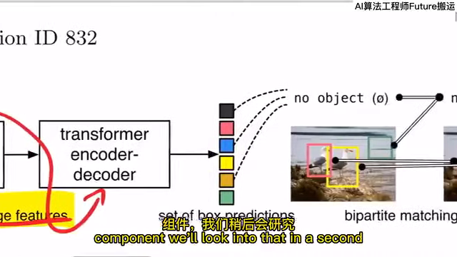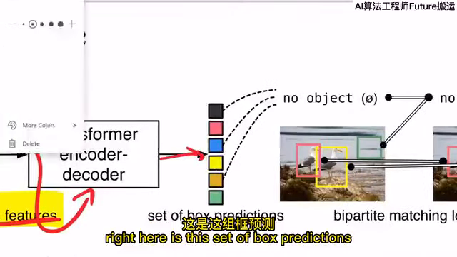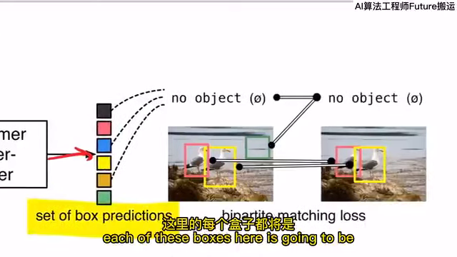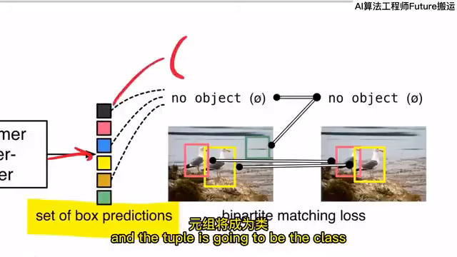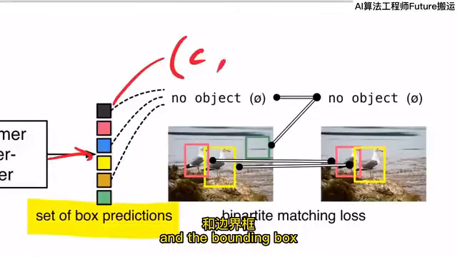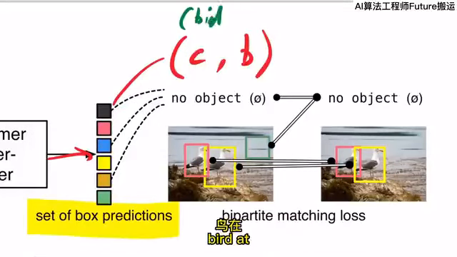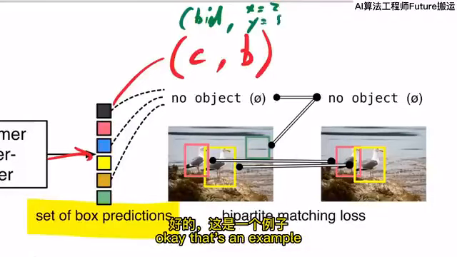We'll look into that in a second, but what we get out right here is this set of box predictions. Each of these boxes consists of a tuple, and the tuple is the class and the bounding box. An example for this could be bird at x equals 2, y equals 5.